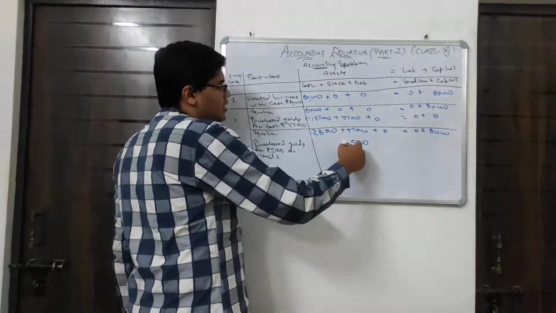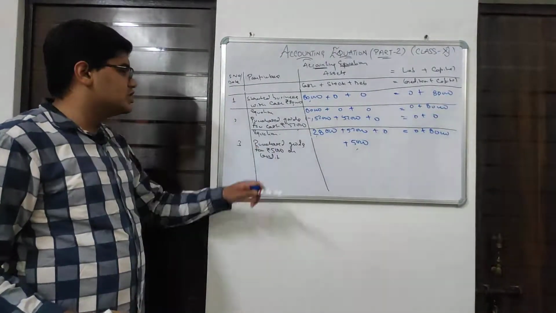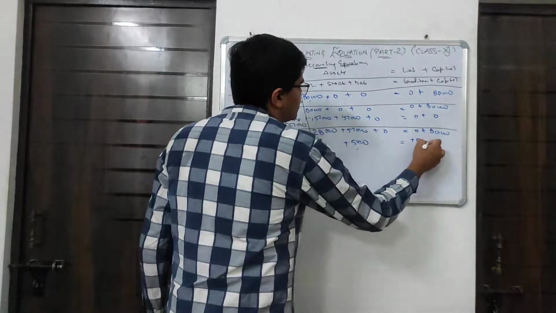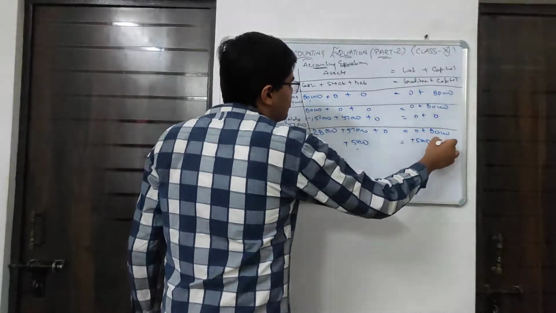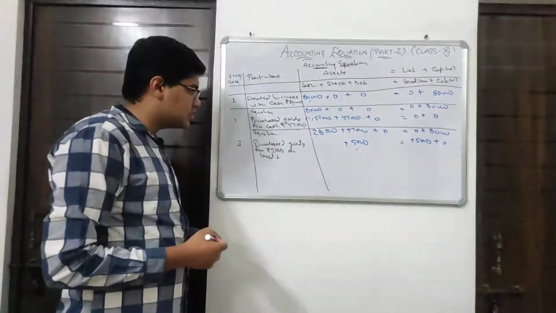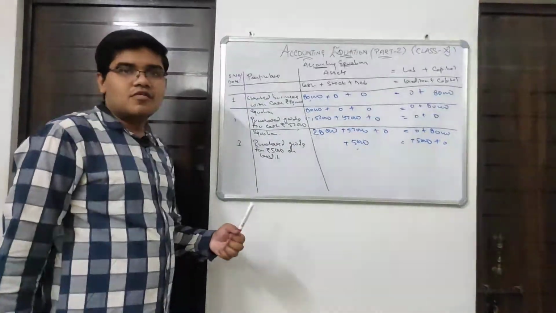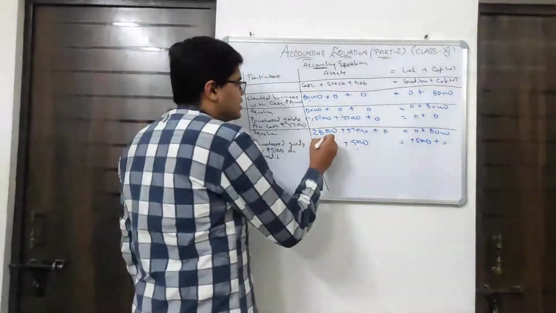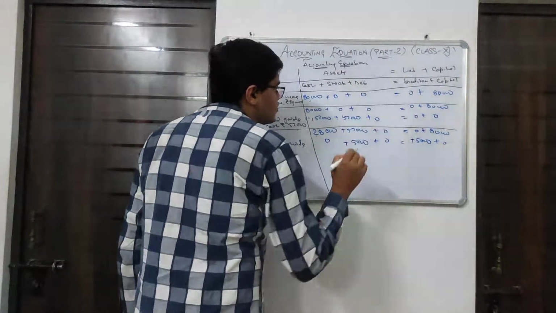Since we are purchasing the goods on credit, our liability also increases by 5,000. We will add it in the creditor, because the person from whom we are purchasing the goods on credit is known as the creditor. So here 0, here also 0.